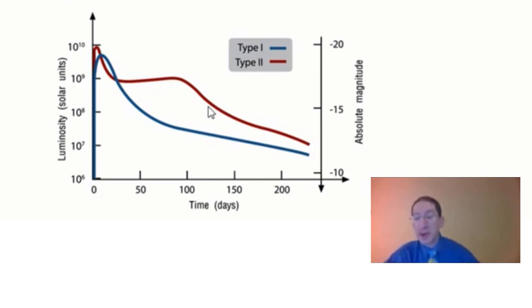We found that all the type 1A had the same peak luminosity, peak absolute magnitude, and it's given by negative 19.3. Given this, whenever we find a type 1A farther out, farther than we can measure the distance to it using the Cepheid technique, all we then have to do is measure the peak apparent magnitude. Given that and this peak absolute magnitude, we can calculate the distance to these supernovae and hence distances to galaxies much, much farther away. Okay, that's it for this video.